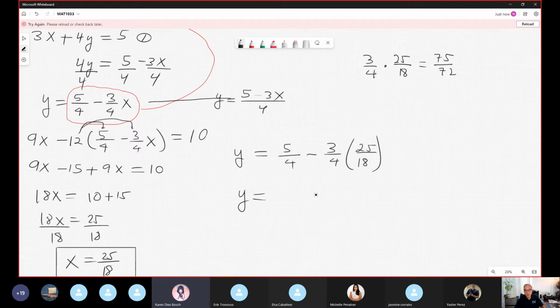Oh, much better, because you can reduce a little bit in the lower term, divided by 3. To make it easier, you divide 3 by 3 is 1, and 18 divided by 3 is 6. And now multiplication, 1 times 25 is 25, and 4 times 6 is 24.